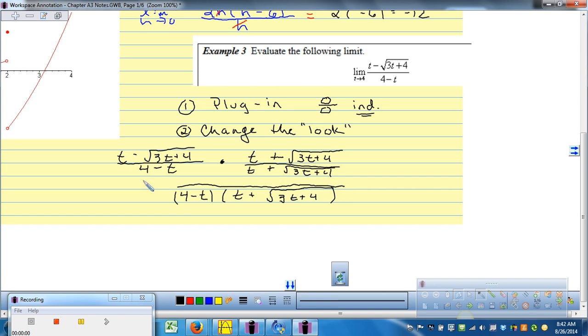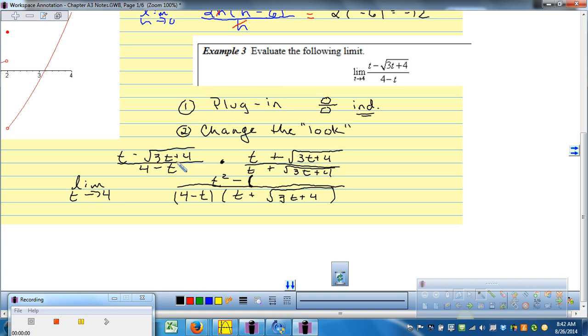And on the top, what do I have? T squared minus the quantity. I'll let you catch up. So when we FOIL that out, the inner and outer are going to cancel.